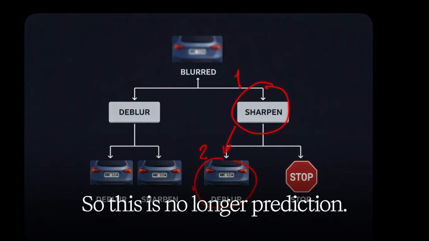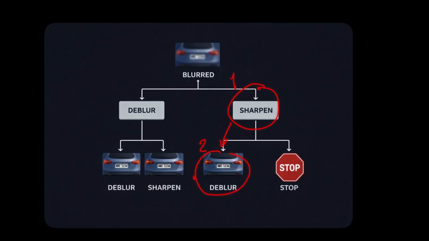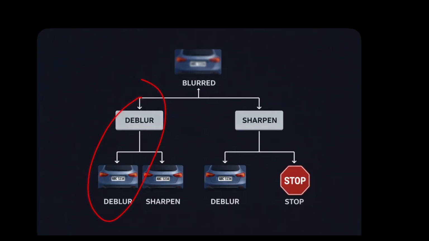So this is no longer prediction. Here we are doing planning. This is about multi-step decision making. The more technical term for this is credit assignment: was it the deblur at step 1 that actually improved the downstream system? A one-shot model would only get a single reward for the entire sequence.